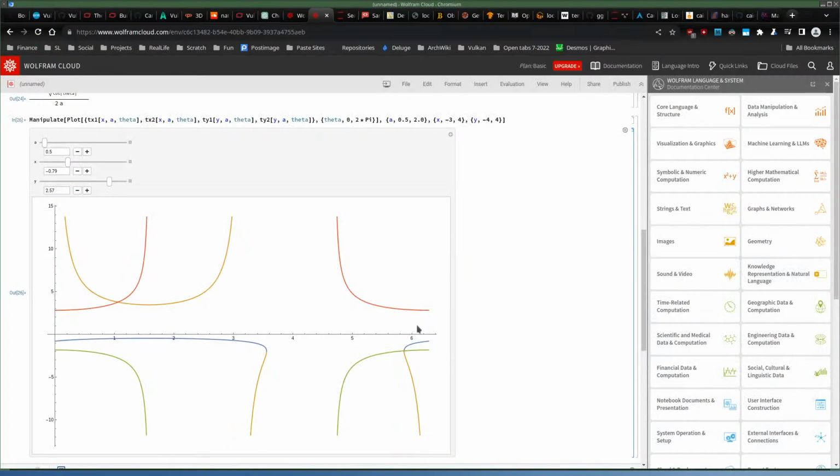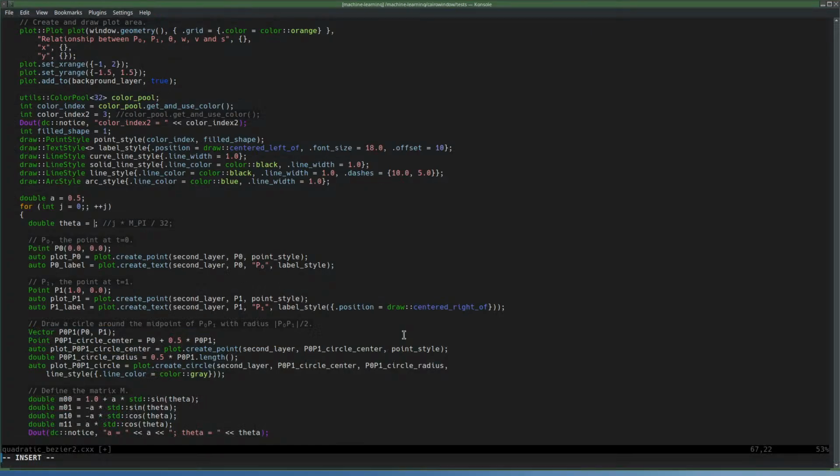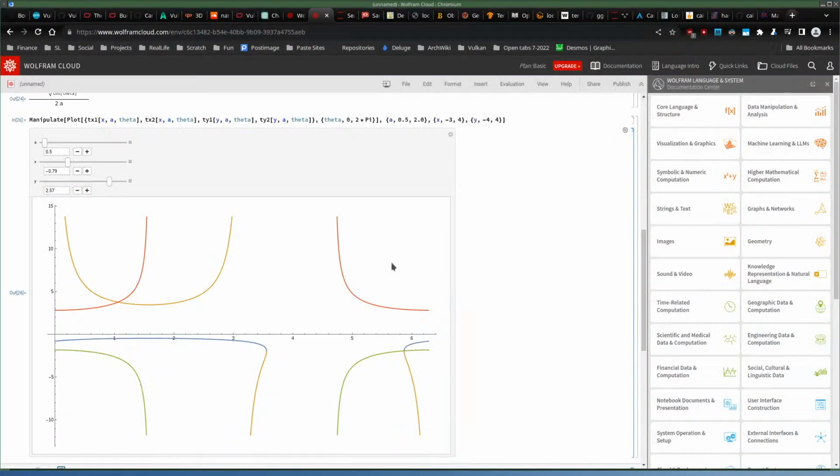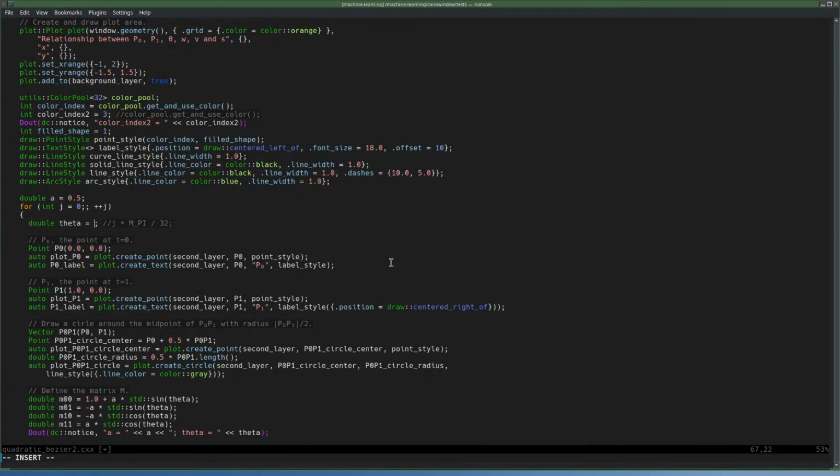It's a bit hard to see. 0.88. It's my guess. 0.88. 5.88.